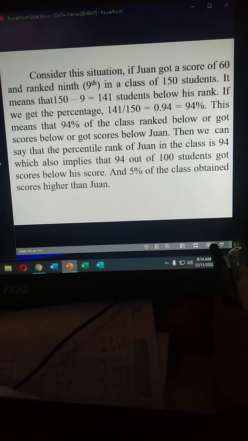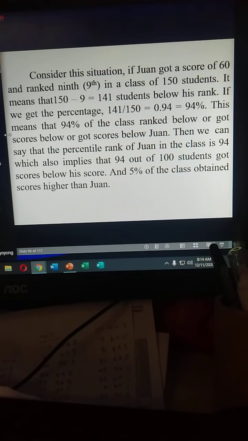Since we are dealing with percentile, so ang percent sabi ko is 100. So yung 0.94 i-multiply mo ng 100 to get the answer of 94%. Okay, itong 94% ngayon ay yung percentage ng mga estudyante na mas mababang score kesa kay Juan.